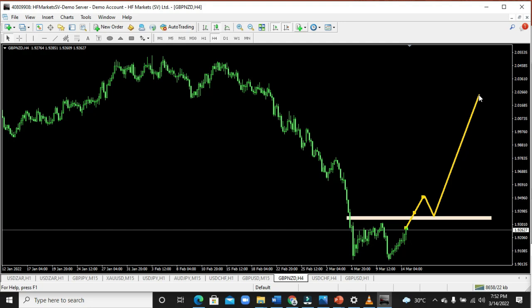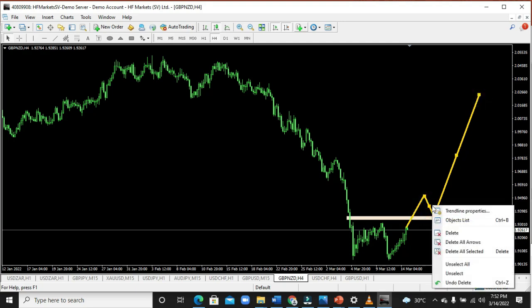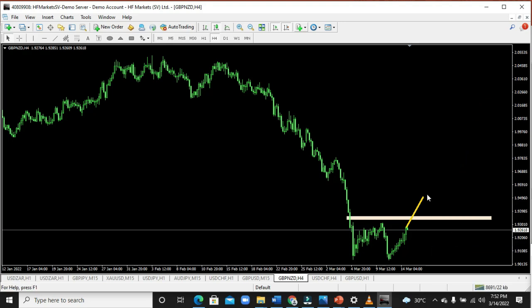So if it doesn't test it twice, you will not be activated. Someone may ask, what if the market reaches here and decides not to touch back again? Then that means you are not in the trade. If the market reaches here and starts going up, which no market goes up that way anyway, without coming back to test this zone again, you are not in the trade. You can only be in the trade when this market comes back to test this zone.